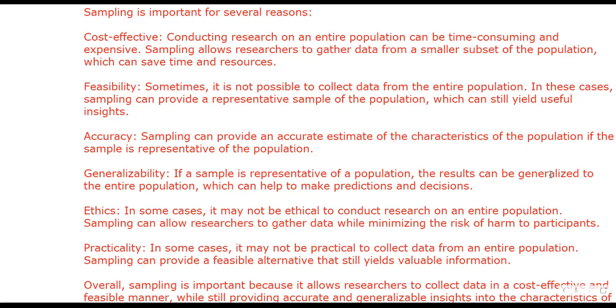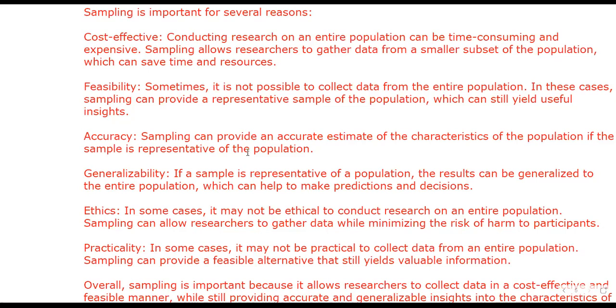Feasibility. Sometimes, no matter how much time you have, it is impossible to collect data from the entire population. So in these cases, a sample will just be a representation, which will yield useful insight. Accuracy. Sampling can also provide an accurate estimate of the characteristics of the population at hand, which would be effectively representative. Generalization.